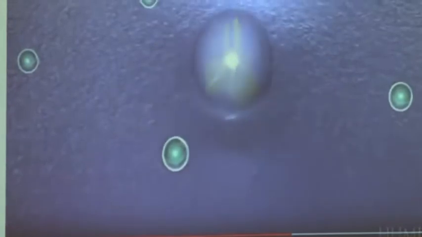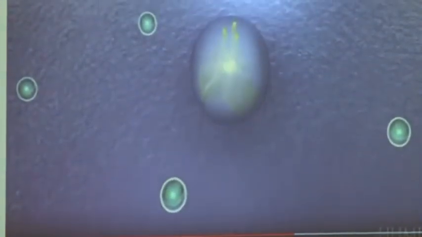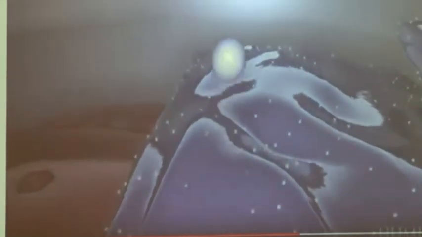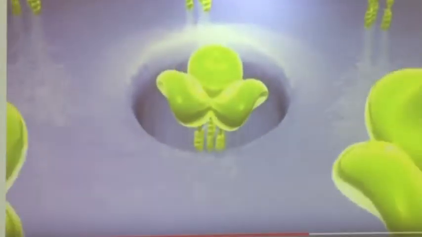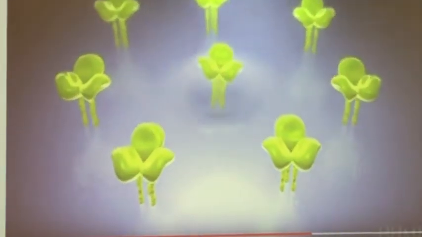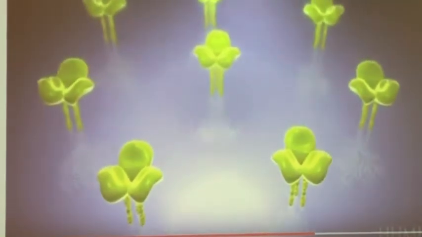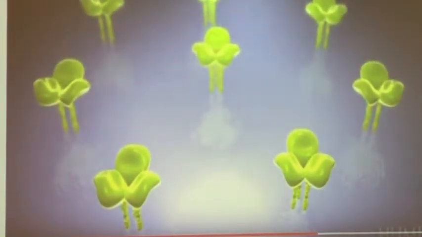And it's shuttled then through the endoplasmic reticulum and taken to the cell surface, where it becomes embedded in the cellular membrane, and at this point coalescing with other envelope proteins that have been produced. You have this cluster of envelope proteins now on the surface of this infected cell.